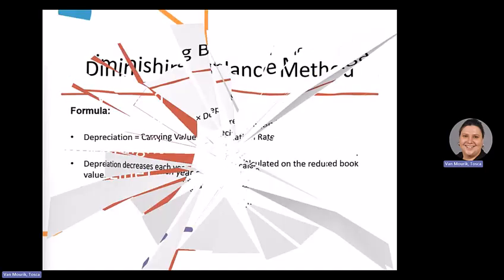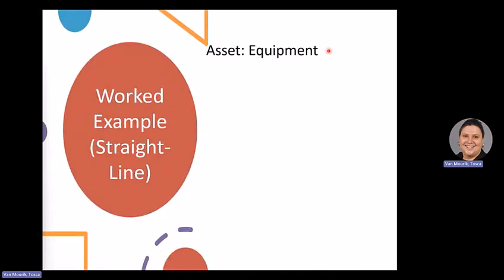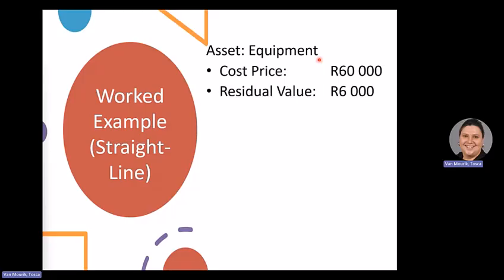Let's look at some examples of just practically how this works. On the straight line method, we have equipment, cost price is 60,000, residual value is 6,000, and the useful life is 6 years. So let's think about it. What is my depreciation based on?